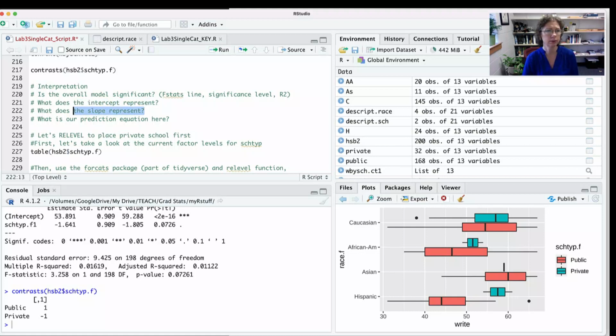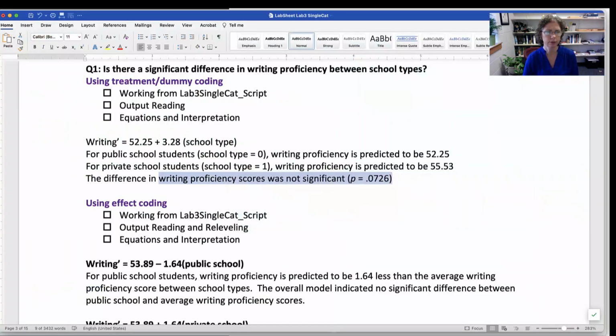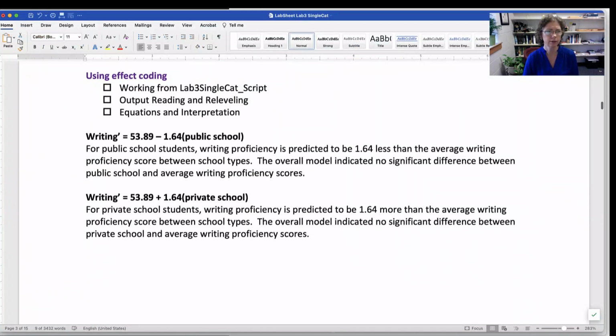The slope represents the difference between the grand mean and the group coded 1. So what does our prediction equation look like now? When we use effect coding, now we have this equation, the grand mean and the regression coefficient for public school.